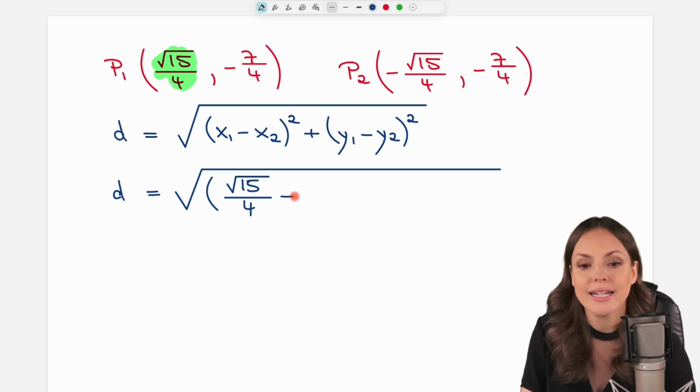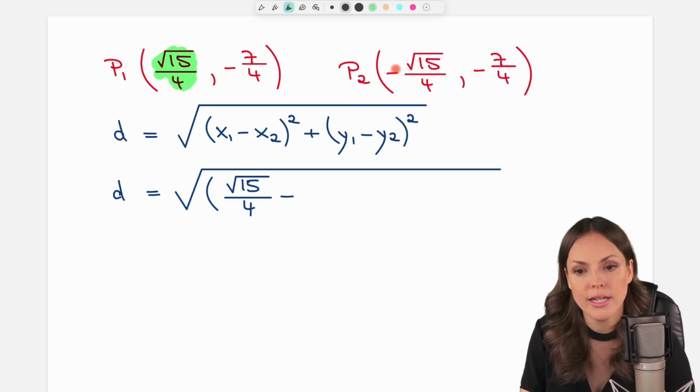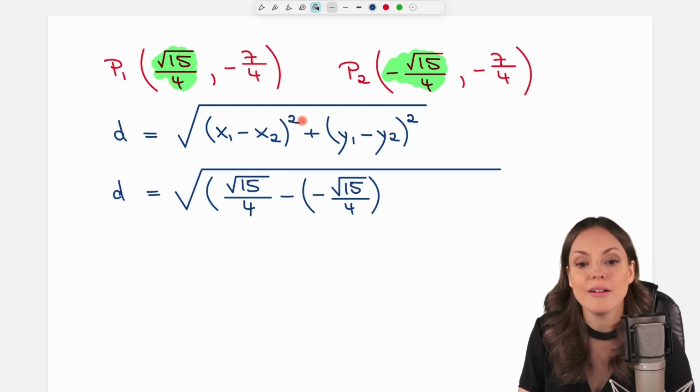Then I subtract x2, which is the x-coordinate of my second point. So it starts with negative square root of 15. So I have to write this in parentheses that I have negative and then this beautiful fraction here. Then I have to square this whole thing and then plus, and then the same thing with my y.